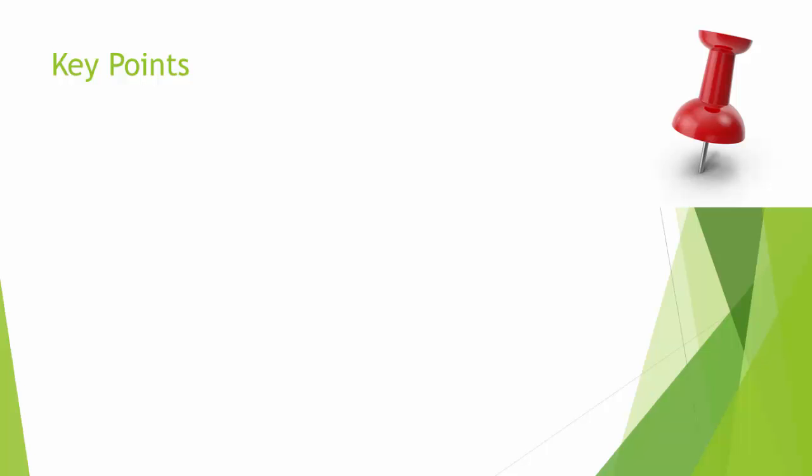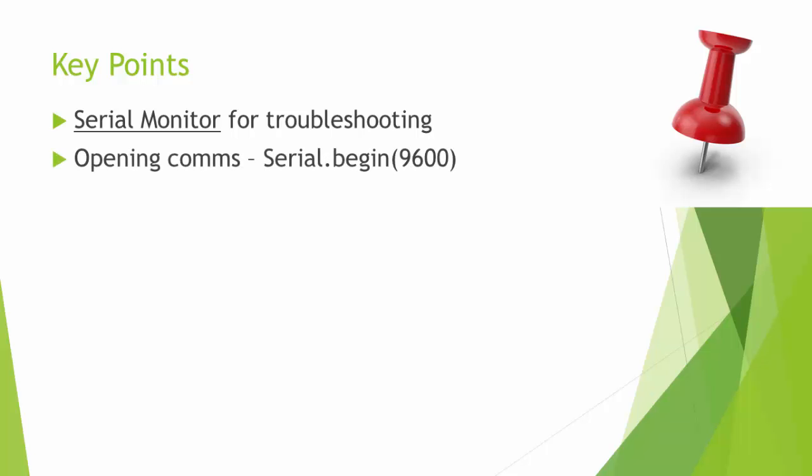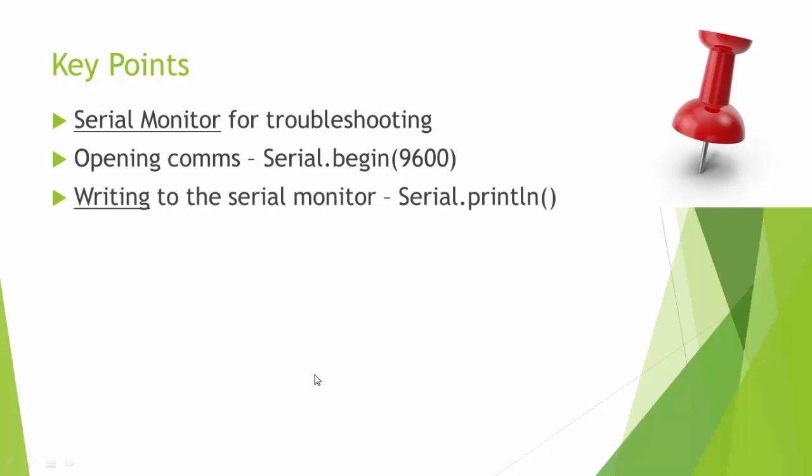Okay, so maybe that's enough for today that you can start doing some coding. Hopefully we've given you enough motivation and enough tools to be able to use the serial monitor effectively. When we want to open communications, we use Serial.begin(9600). When we want to write to the serial monitor, we can use Serial.print and Serial.println.